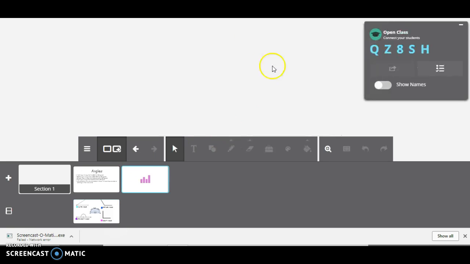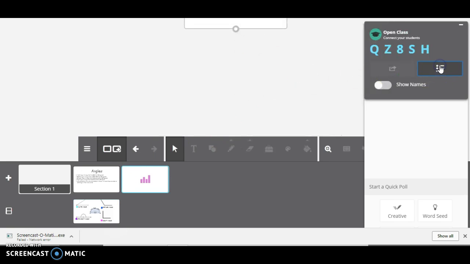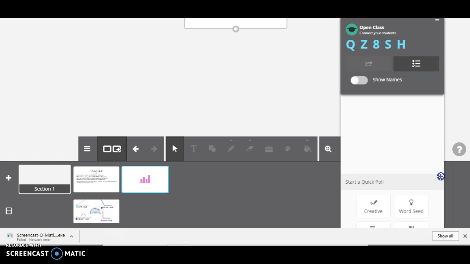Then I'm going to open up a poll, which you do by going right over here, and I'm going to open up a poll that will allow them to type a word.